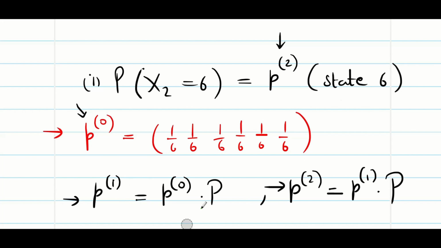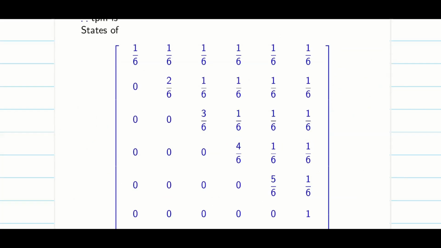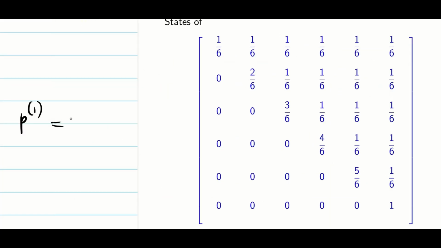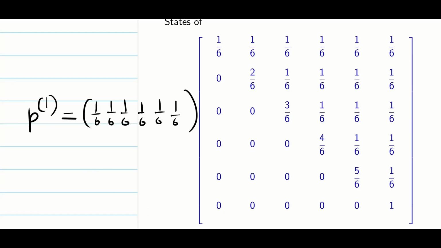When I construct this, I have to go to state 6 and find the value. Let us see. So this is my P. So my P1 is going to be P0 into capital P. Therefore, P1 is going to be P0, that is the row matrix 1 by 6, into capital P. So the answer is going to be very simple.